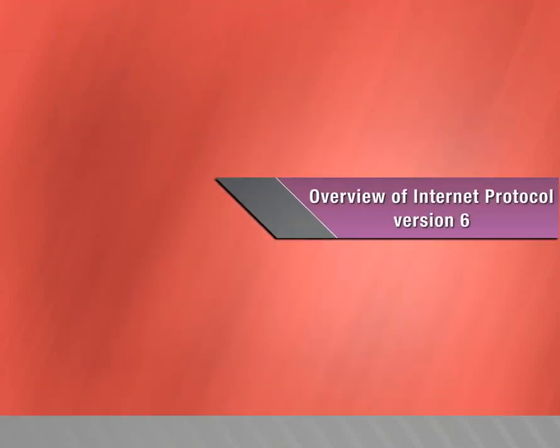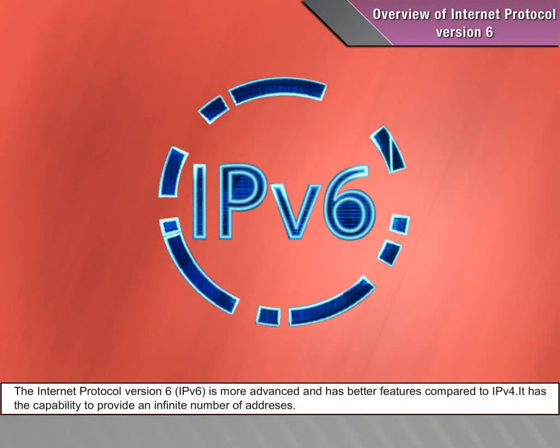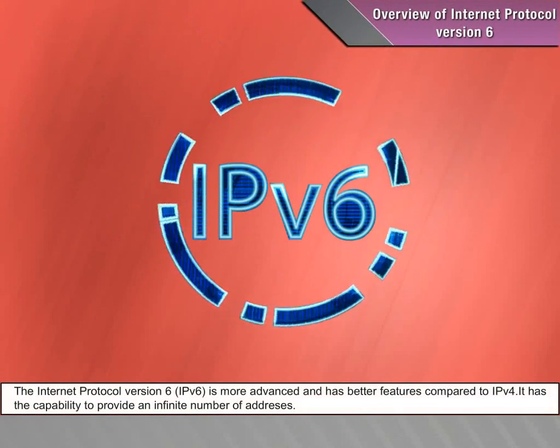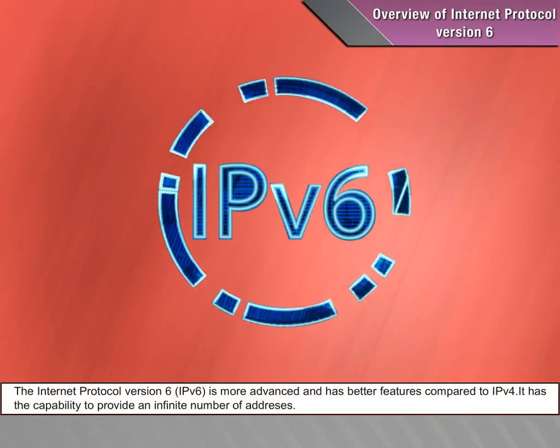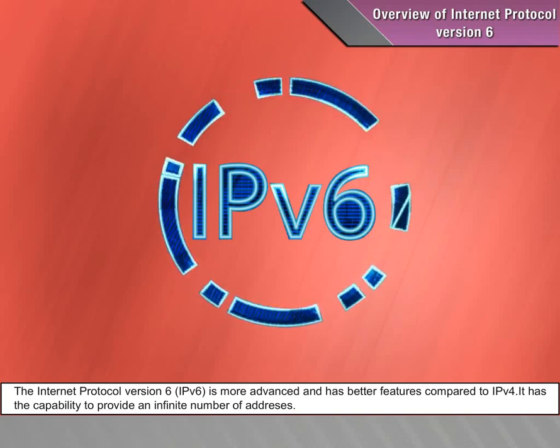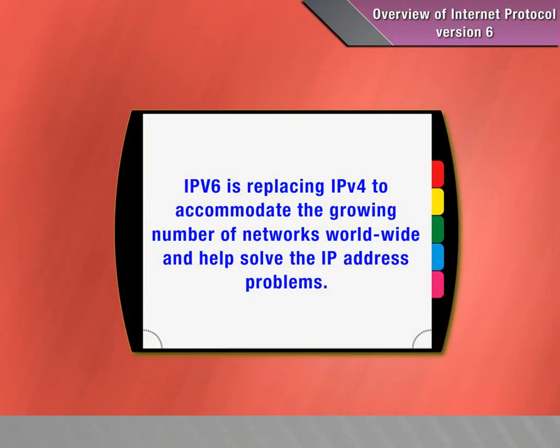Overview of Internet Protocol version 6. IPv6 is more advanced and has better features compared to IPv4. It has the capability to provide an infinite number of addresses. IPv6 is replacing IPv4 to accommodate a growing number of networks worldwide and help solve the IP address problems.